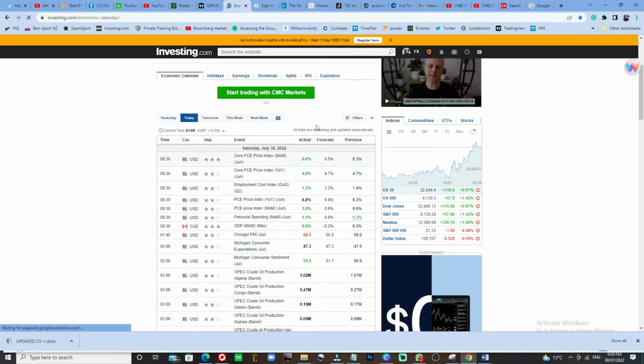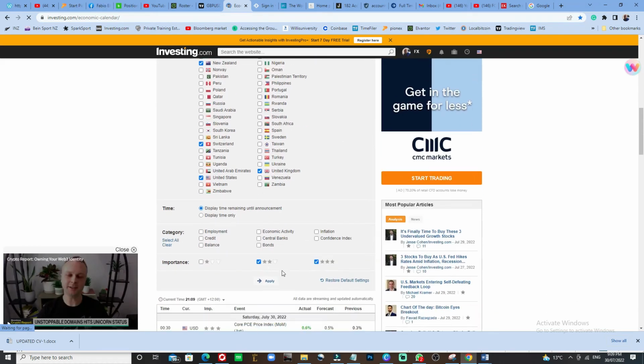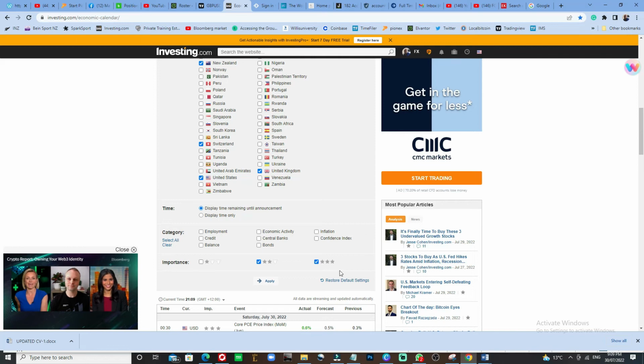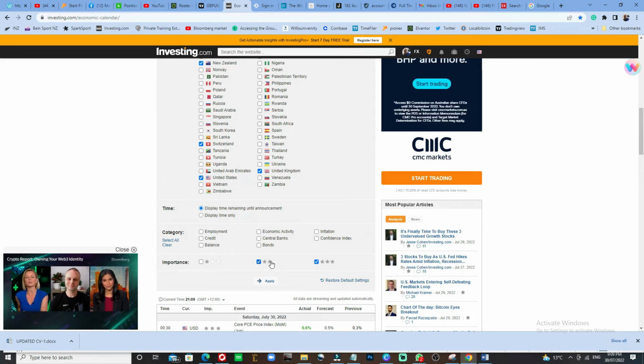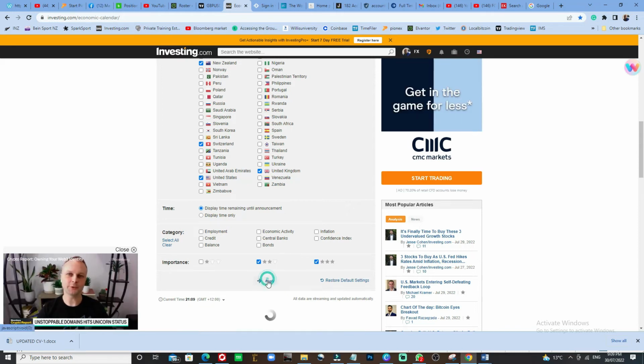And then what you do now is filter. You click filter, you identify the pairs, the currencies you want. Then you go down and you click 2 stars and 3 stars, the levels of importance. Most of the time you can click only 3 stars if you like, but I usually click 2 stars to 3 stars because 2-star events usually impact the market. So I click this 2, I click apply.